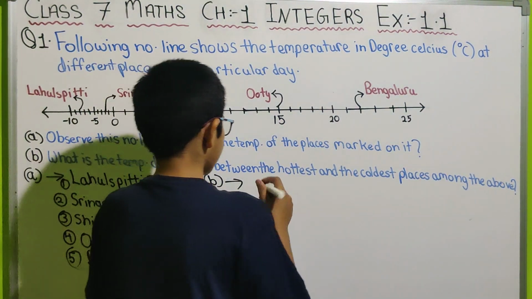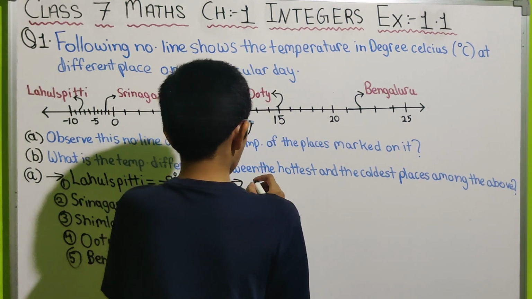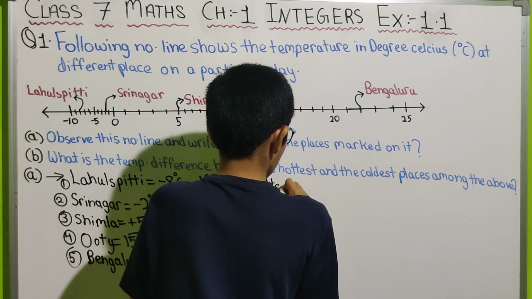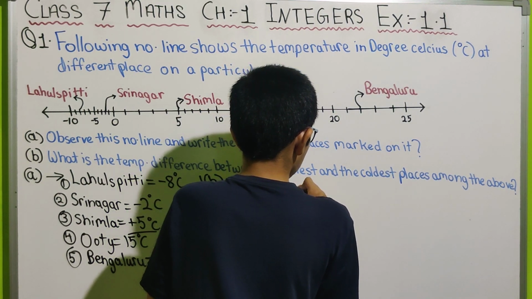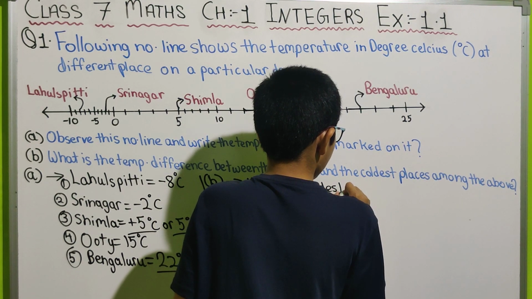So now let's write the difference between the hottest and the coldest: hottest minus coldest.